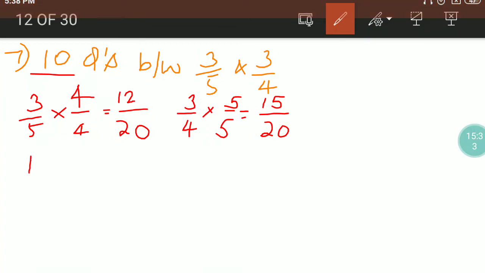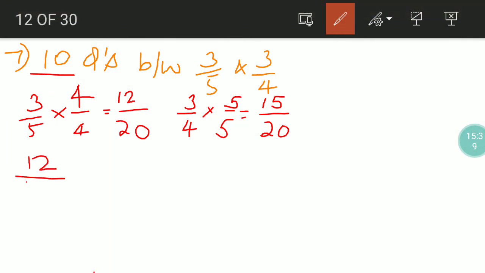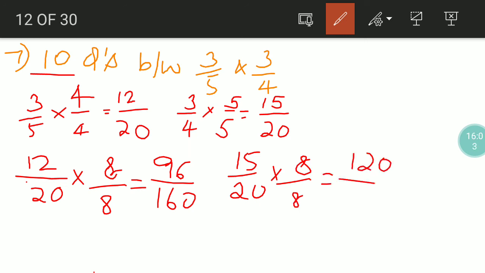So now this 12 by 20 into 8 by 8 I am going to do. So what is the answer here? It is going to be 96 by 160, and here 15 by 20 into 8 by 8, then you will get 120 by 160.